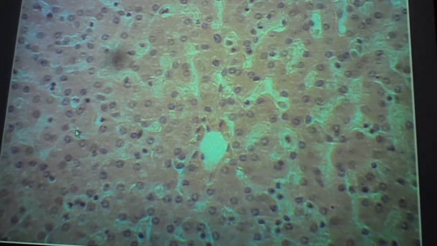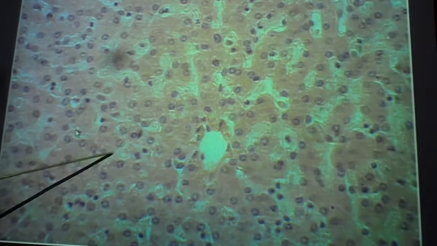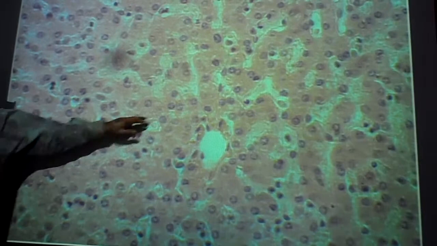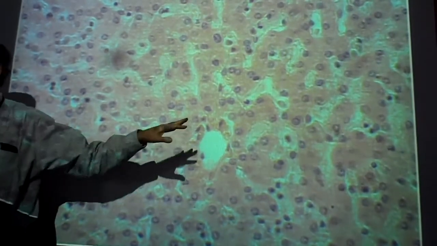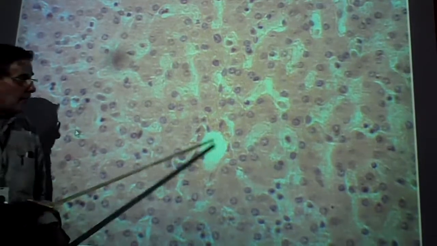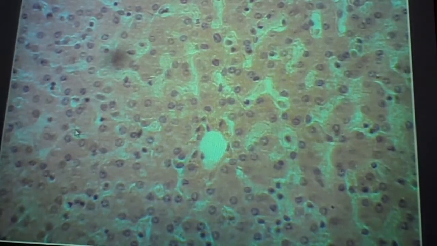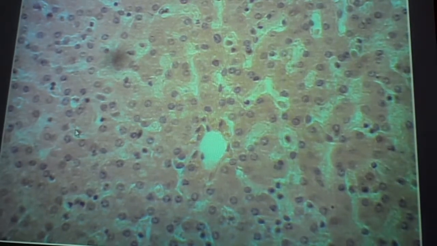All these channels are the capillaries. These are nuclei of hepatocytes, which are liver cells. Okay, can't really see the macrophages, but they are there. And then here's your central drain, which is called the central vein. Everybody see that on page 883? Diagram.